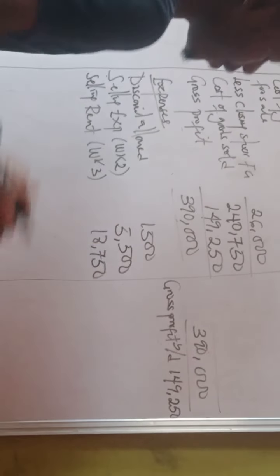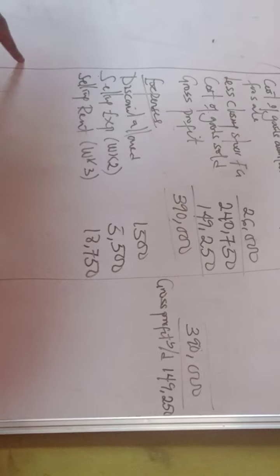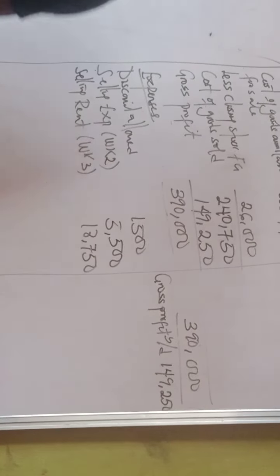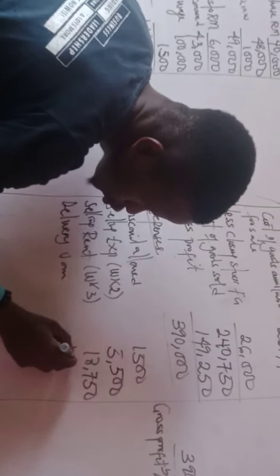Is there another one in your note? Delivery van, 1,280. Is there any other income item to be posted there?